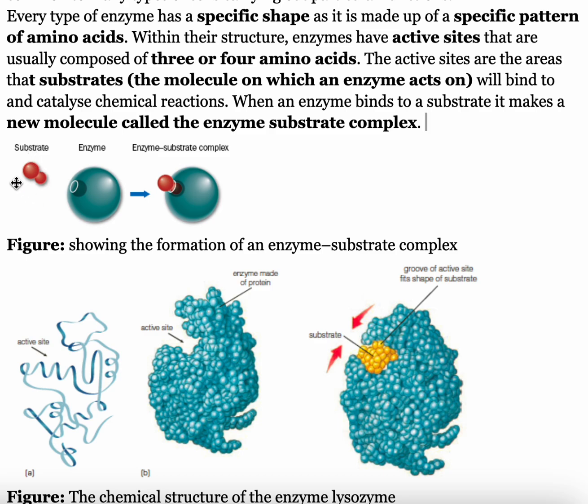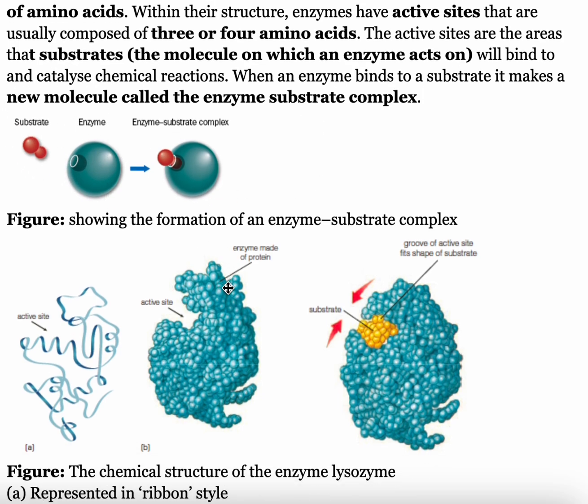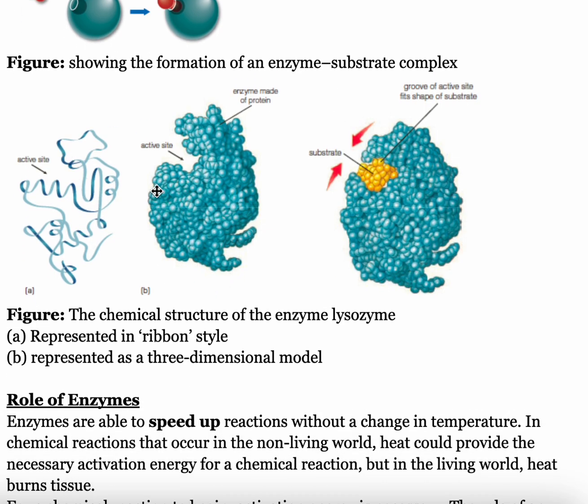As you can see, the substrate binds to the enzyme to create this. And this is a more complicated figure. Active sites, and this is the enzyme, and this is the substrate.